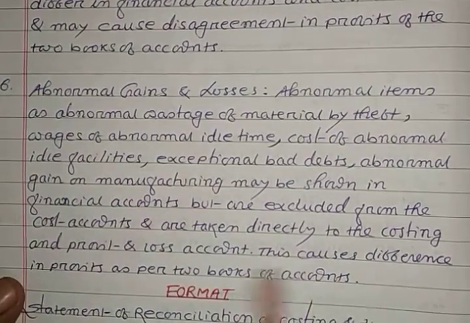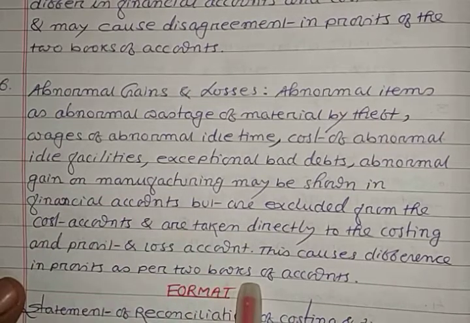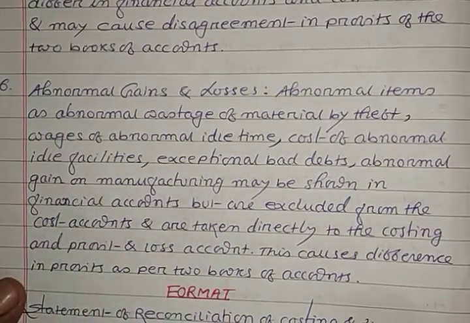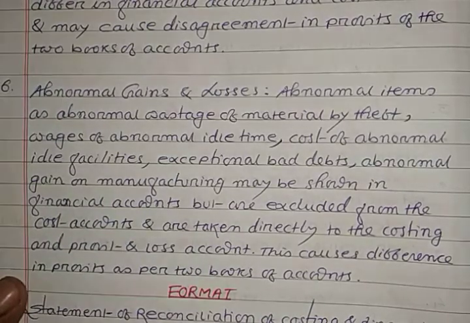This causes a difference in profits as per the two books of accounts. So these are the 6 reasons for disagreement in the profits of cost and financial accounts. Okay.